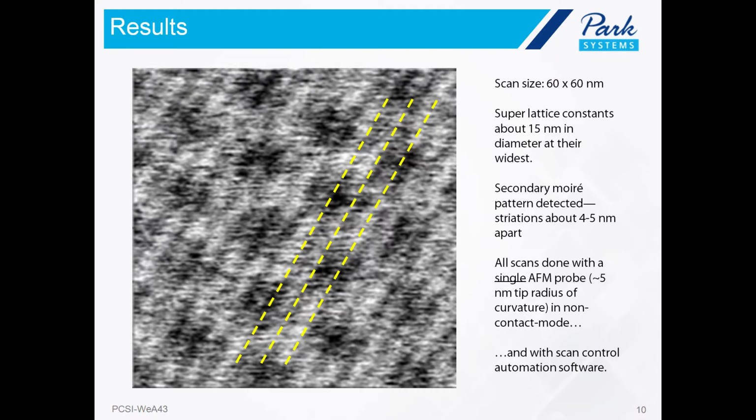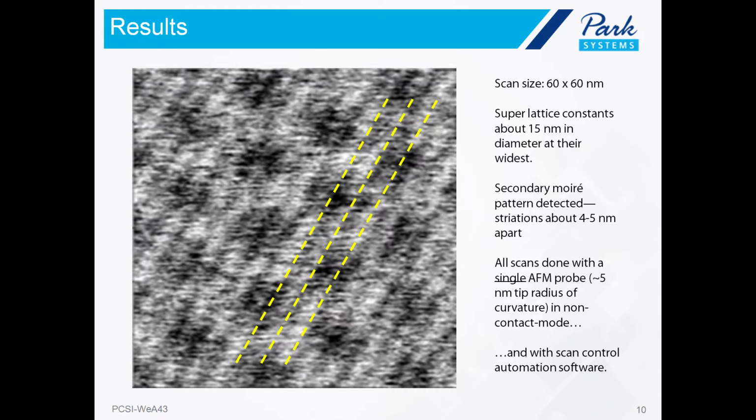First, we were able to produce this observation of the striations, of the stripes, at different scan speeds. I think we tested it at 5 and 10 hertz. Those are the two most common speeds that we usually scan at. And we saw the secondary Moiré pattern occurring at both of those scan speeds.